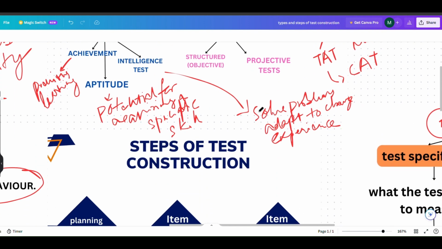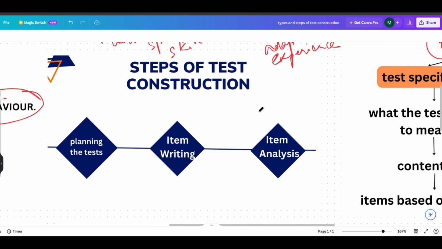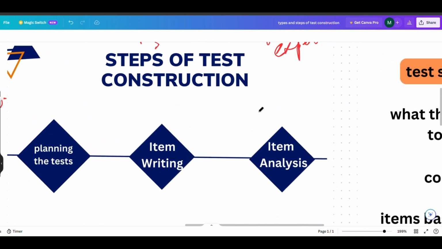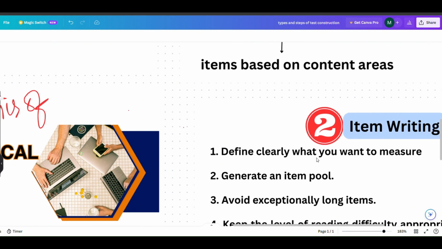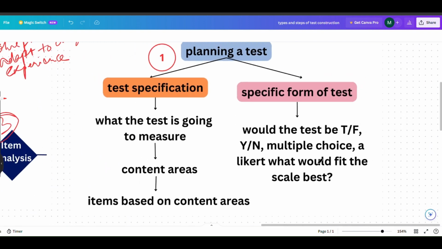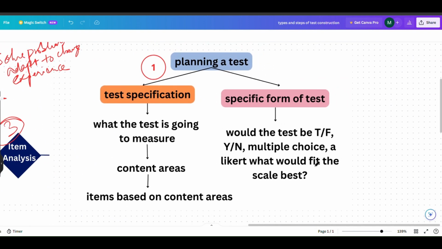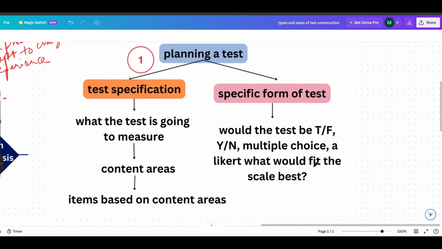Now moving to steps of test construction, which is the most important part of this area which we are talking about today. So there are 3 steps: planning of the test, item writing, and item analysis. So let's start with planning of the test.